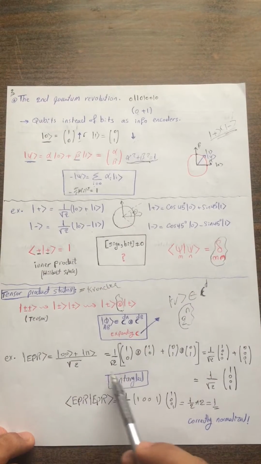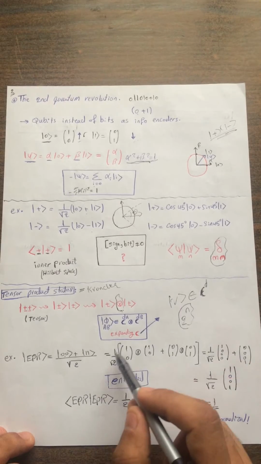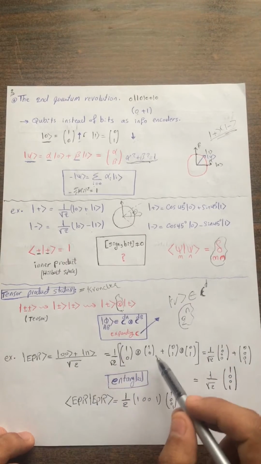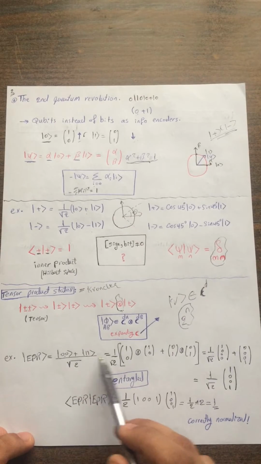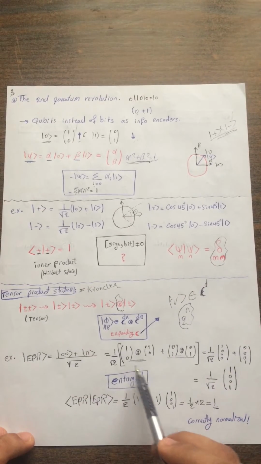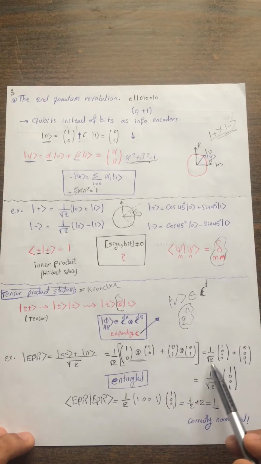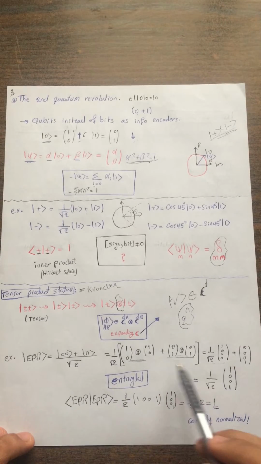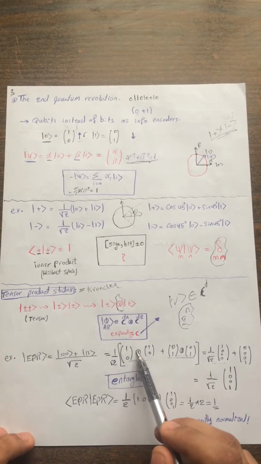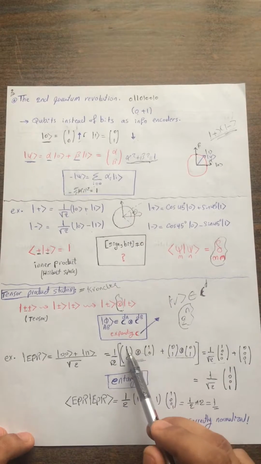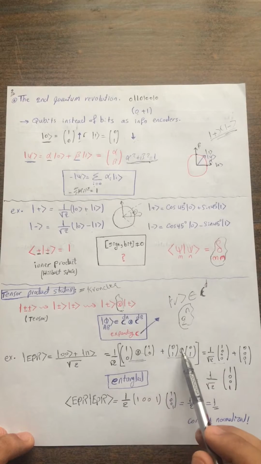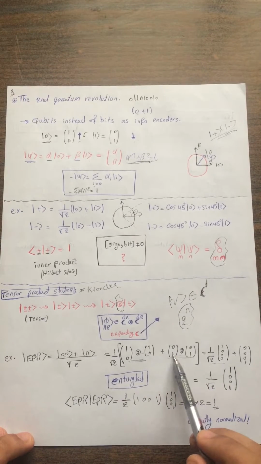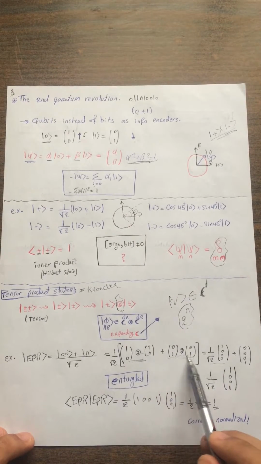Actually, you can write it as the 0 tensor product with 0, plus the 1 tensor product with 1, as you can see here. Tensor product means that you take 1 here with both, and then 1 multiplied by 1 here, and 0, 0 here, and 1 with 0, 0, and 1, 1 as well.